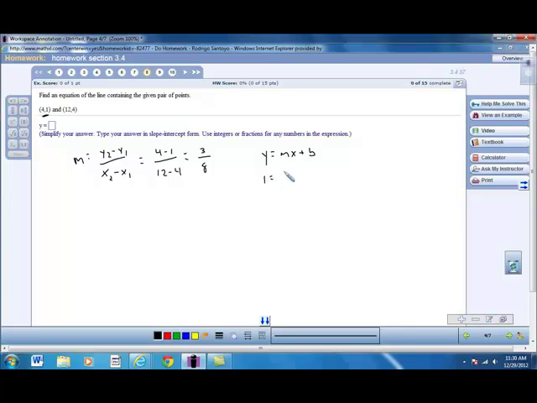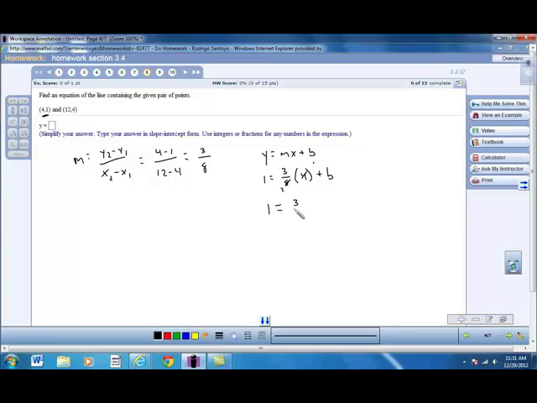1 equals, our m is 3/8. My x now is 4 plus b. 1 equals, so what do we get when we multiply here? That will turn into 1. That will turn into 2.